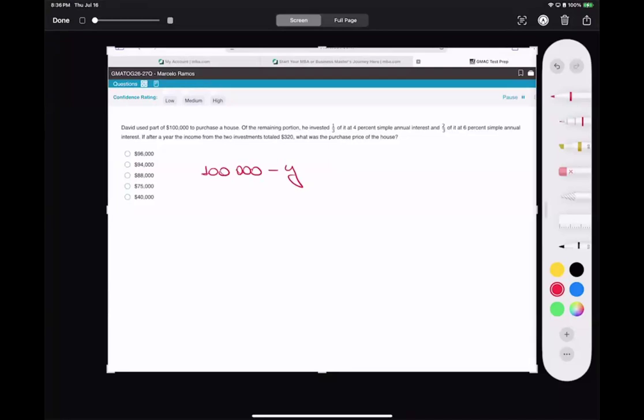He invested 1/3 of the remaining portion at 4% simple annual interest, and 2/3 of it at 6% annual interest.